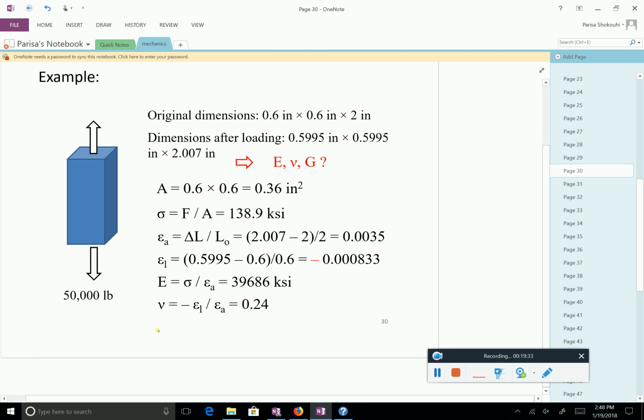And at the very end, you can also calculate the shear modulus, which should be around 16,000.